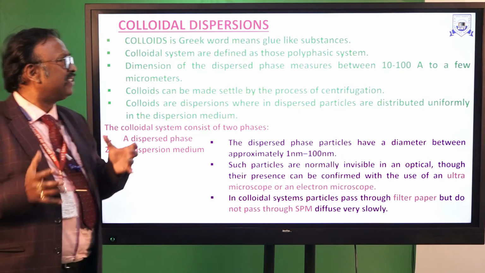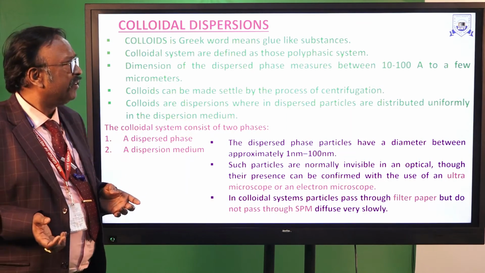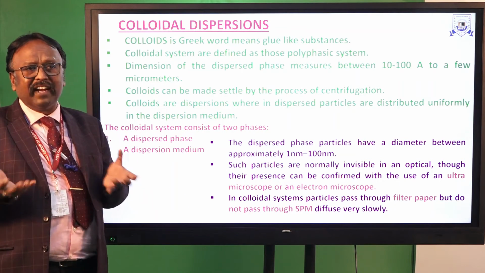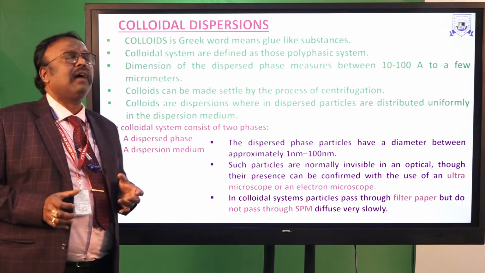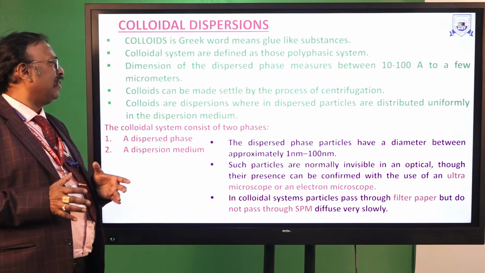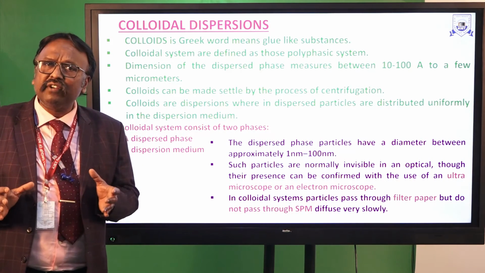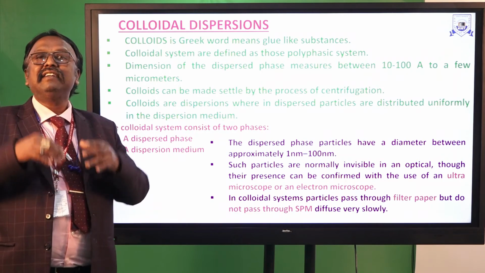The dispersed phase measures 10 to 100 angstrom and a few micrometers. That is the size range. These colloids can be settled by the centrifugation method; by the process of centrifugation, the colloidal particles are settled.